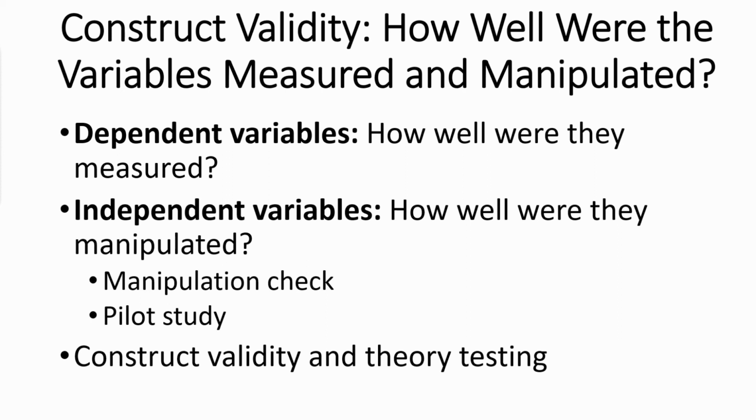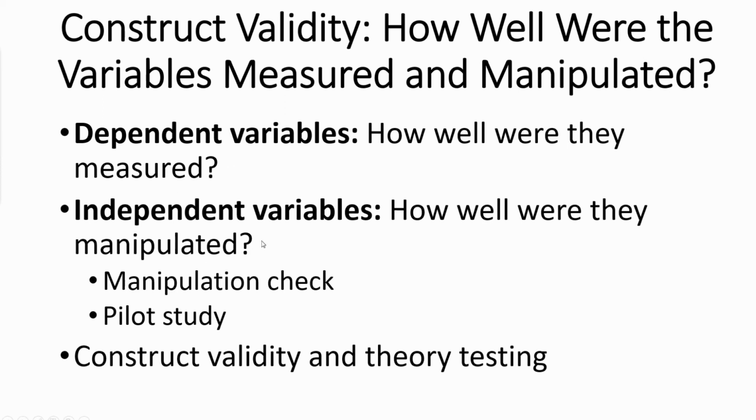So if we think of our note-taking example, when they were testing students using factual questions versus conceptual questions, were those questions actually testing factual knowledge and conceptual knowledge? That would be thinking about the construct validity of those variables.